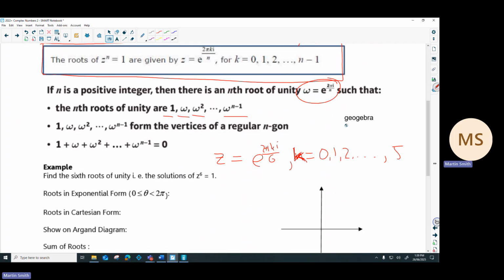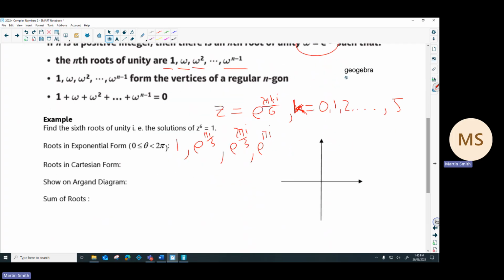If you sub in k is 0, you will just get 1. If you sub in k is 1, you get e to the 2 pi i over 6, which is e to the pi i over 3. If you sub in k as 2, you get e to the 4 pi i over 6, which is e to the 2 pi i over 3. If you sub in k as 3, you get e to the 6 pi i over 6, which is just e to the pi i.